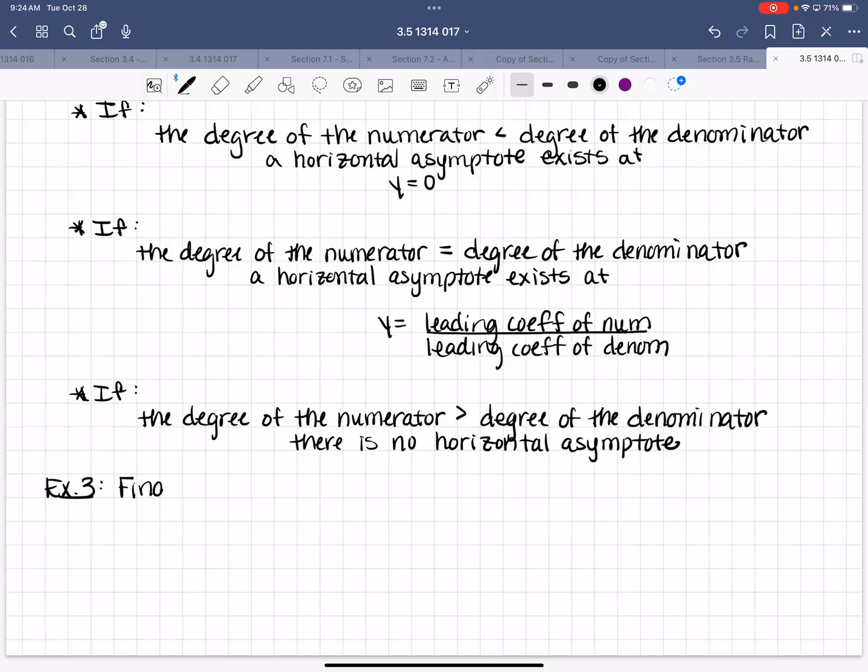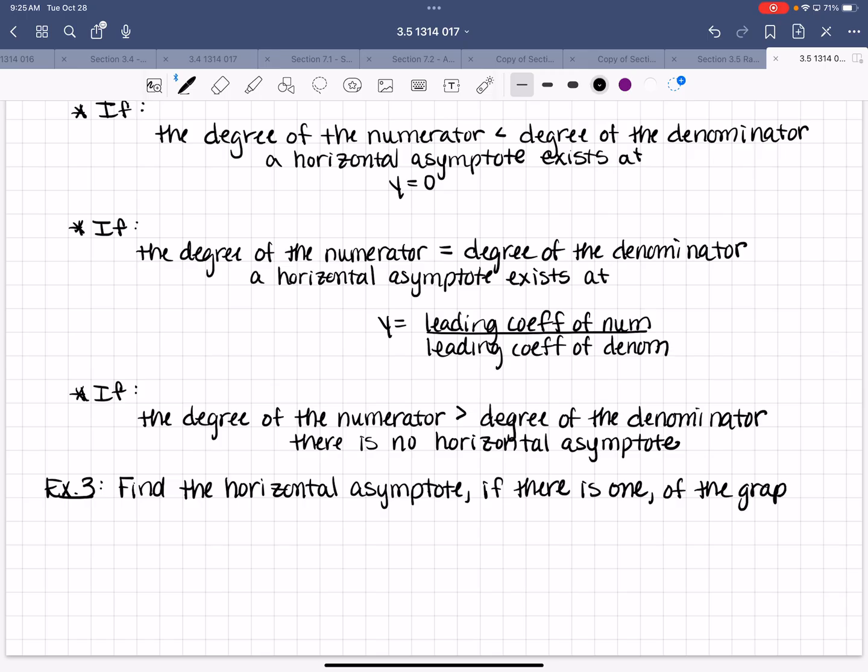Find the horizontal asymptote, if there is one, of the graph of each rational function.